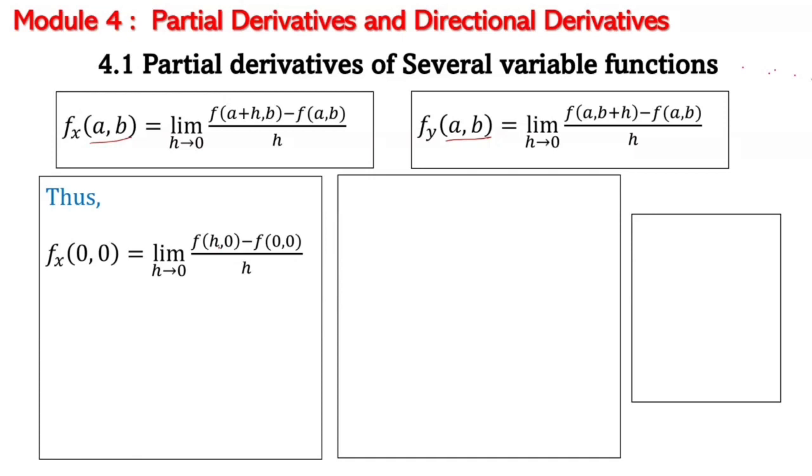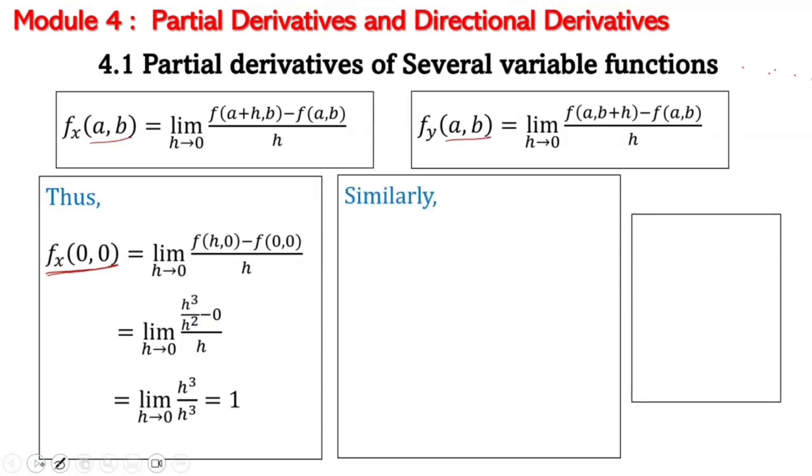So f_x(0,0) is f(h,0) minus f(0,0) over h. If you see the function, this will become h^3 over h^2 minus 0 over h. And then we simplify it, you will get the value is 1. So the partial derivative of f with respect to x at the point (0,0) is 1.